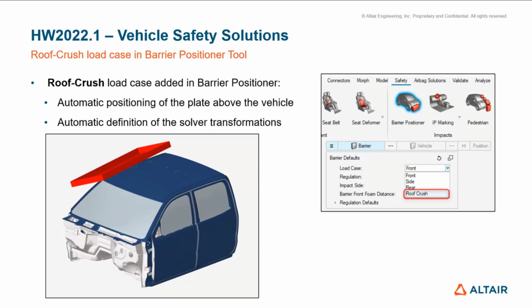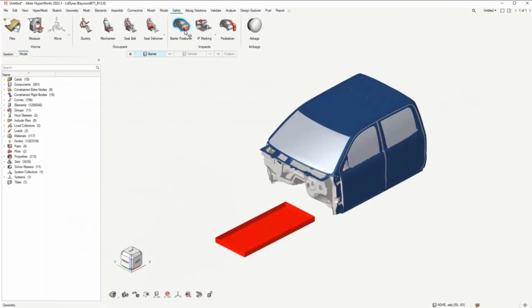This tool will automatically position the plate above the vehicle as per the regulation and define, of course, automatically the solver transformations, which are then used for the positioning of the impactor plate. So here as well, a short recording showing you the process.